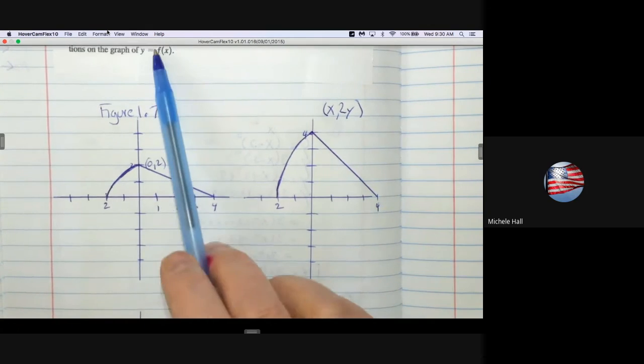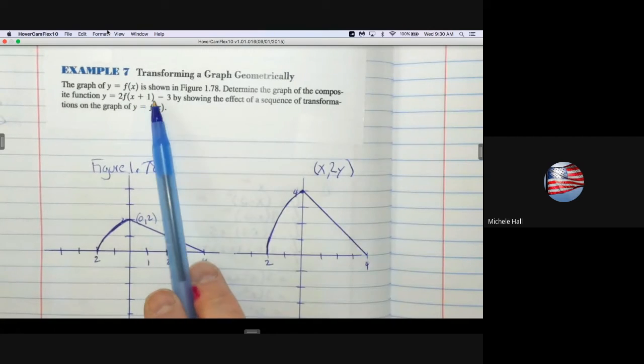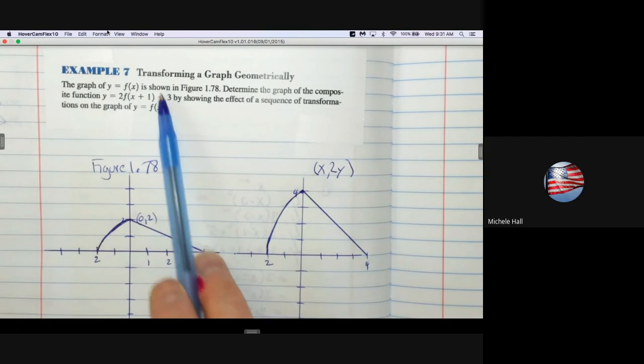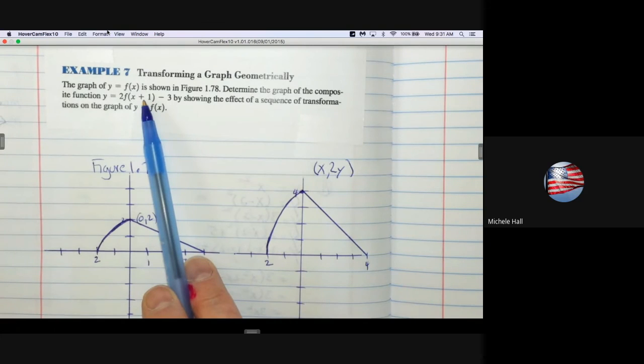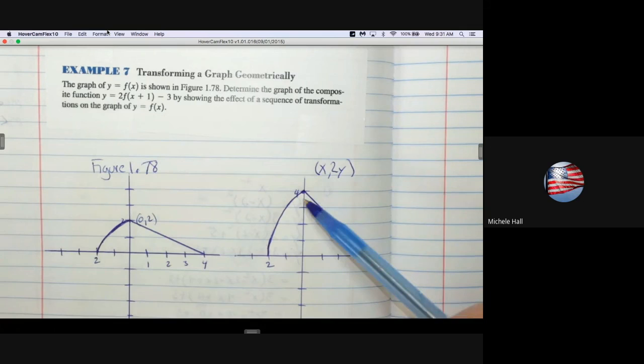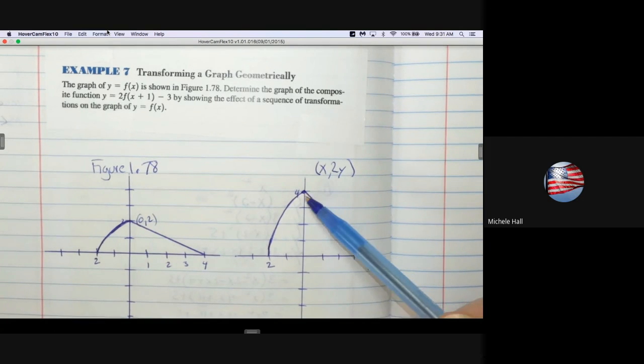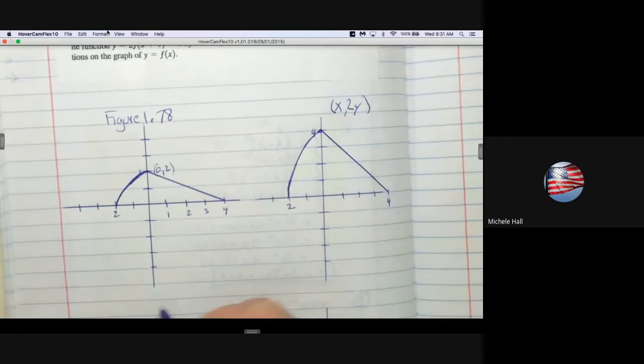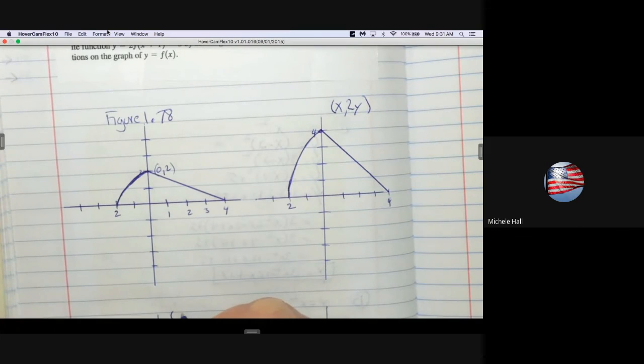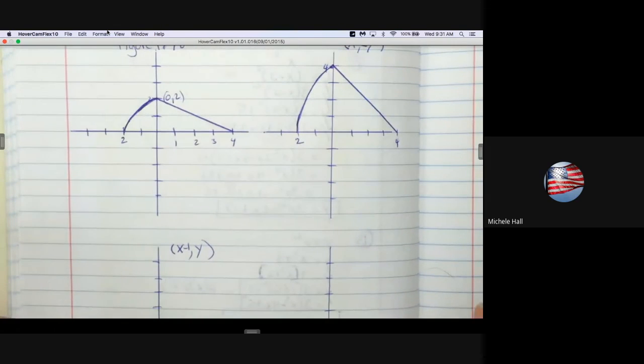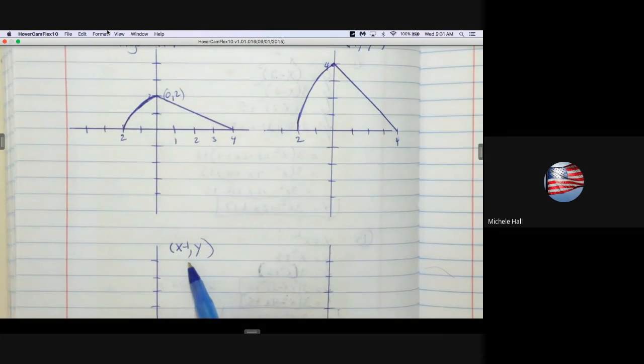The next thing that I would like to do is a shift on the x. That means I'm going -1 on the x. So I'm going to take all of these and move them over 1, all my x's. So my x is going to be -1, and my y stays the same. I'm going to subtract 1 from my x's.